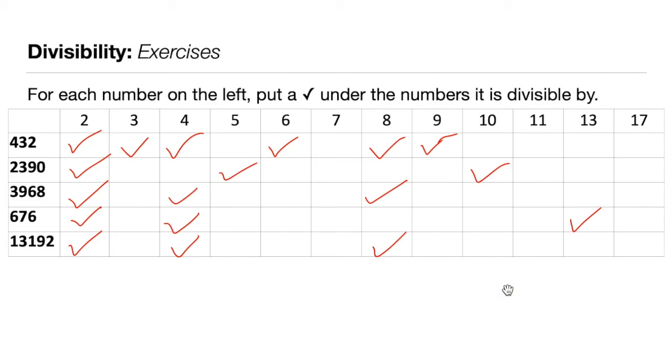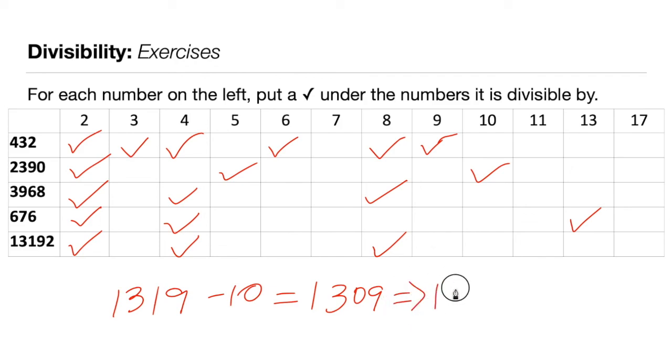Let's check 17 though. What we're going to do, similar with 13, is just multiply this by 5. 2 times 5 is 10. Subtract that from the remaining number, 1319. What we have then is 1309. Continue the process. I'm going to write the remaining number, 130 already. So 9 times 5 is going to give us 45. 130 minus 45 is going to give us what?